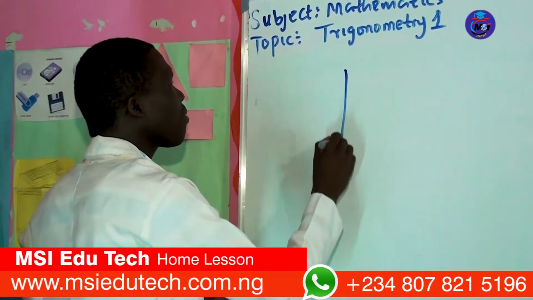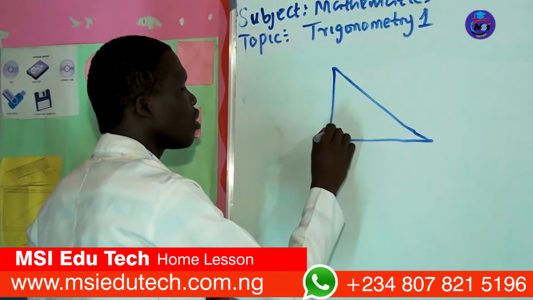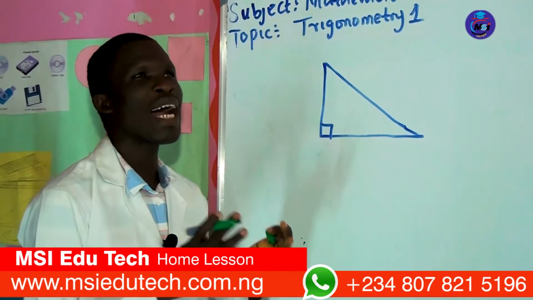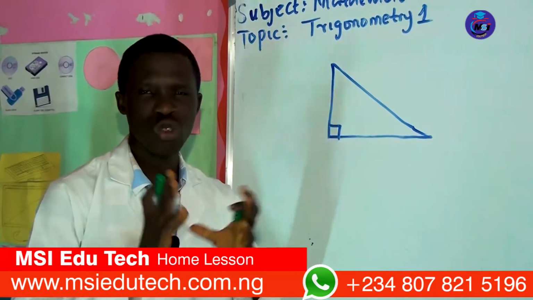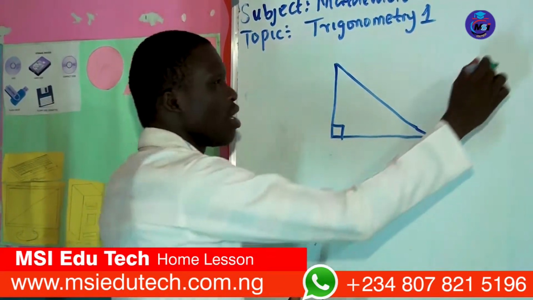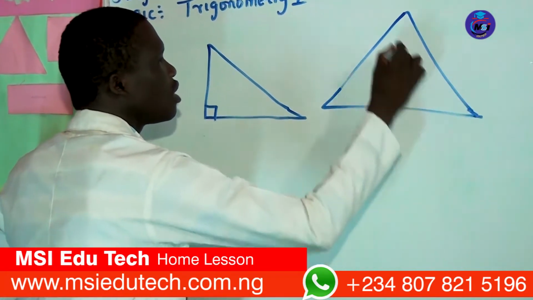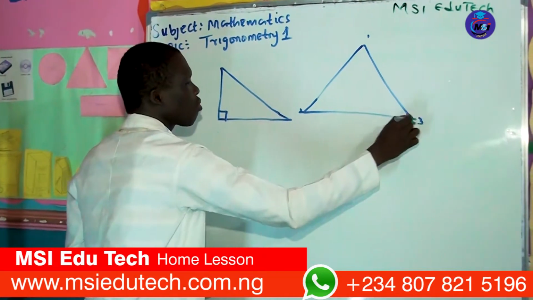So we have a right angle triangle. Remember, we have 2 right angle triangles in a triangle. What do I mean? If you have a triangle, this is 3 angles, 1, 2, 3.